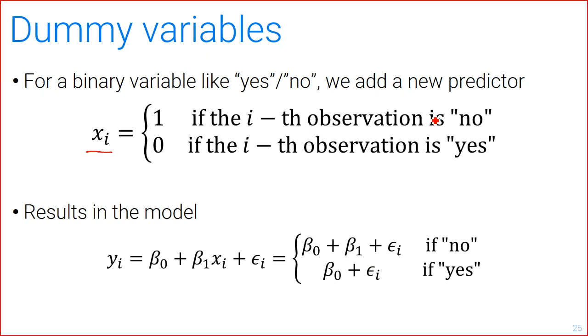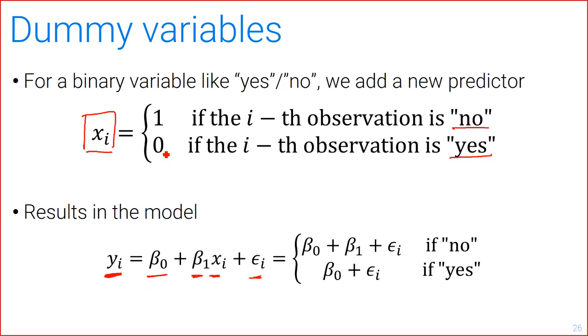But the point is, we get this categorical variable and we turn it into this one extra predictor. It's going to be equal to 1 if the category was no, and it's going to be 0 if the category was yes. If you think about it, and this is the only predictor we have in the model, it will result in something like this. The ith observation is going to be predicted as follows: the intercept, one coefficient attached to this new predictor, beta 1, and the error.